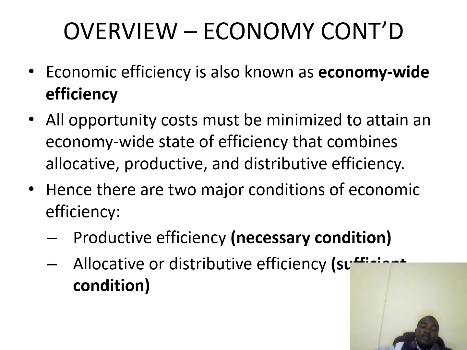First, agents in an economy involved in production must attain productive efficiency, which is a necessary condition. And then second, there must be allocative or distributive efficiency in that economy, which means your price must be equal to your marginal cost of availing output in the market.